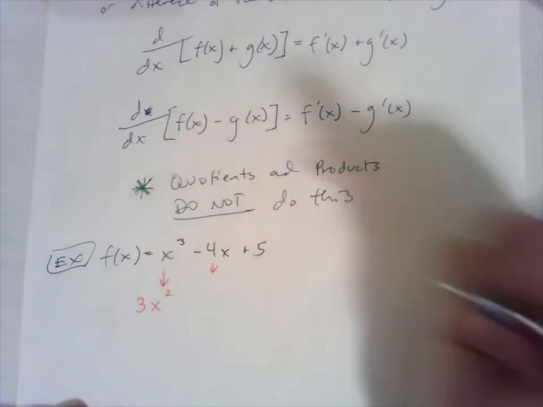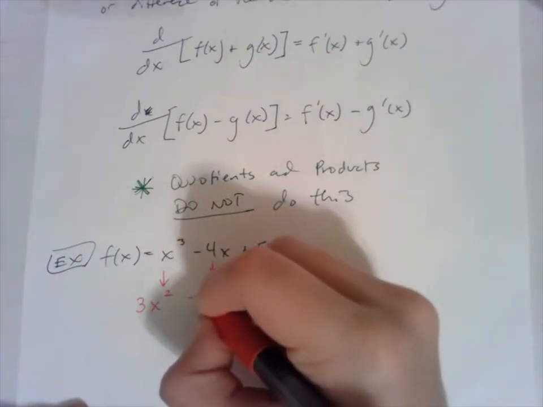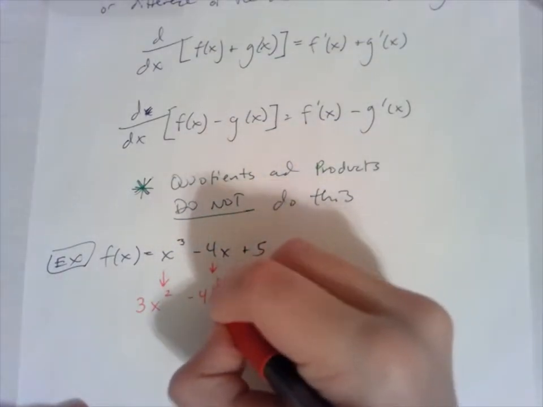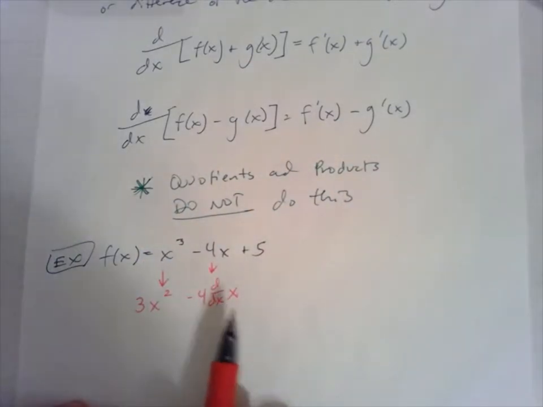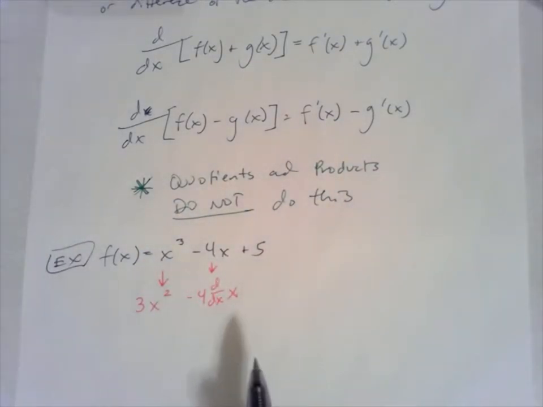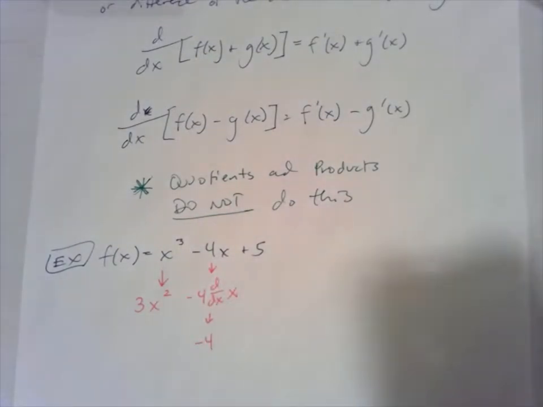Out here, what we have is negative 4 times the derivative of x. And the derivative of just x, you guys, is 1. I could go through the power rule of that again, but just like in our previous example, it's always going to be just the number 1. So what we end up having there is negative 4.